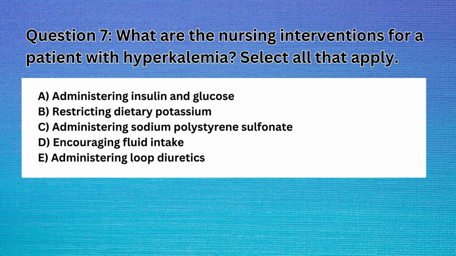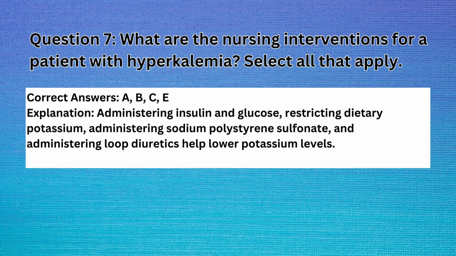E. Administering loop diuretics. Correct answers: A, B, C, E. Explanation: administering insulin and glucose, restricting dietary potassium, administering sodium polystyrene sulfonate, and administering loop diuretics help lower potassium levels.